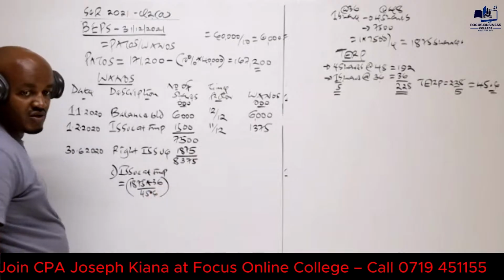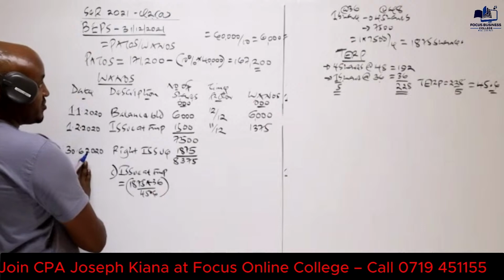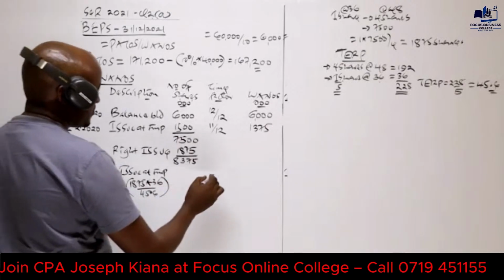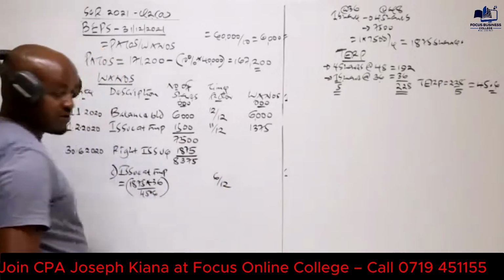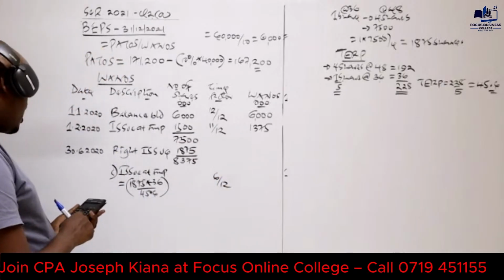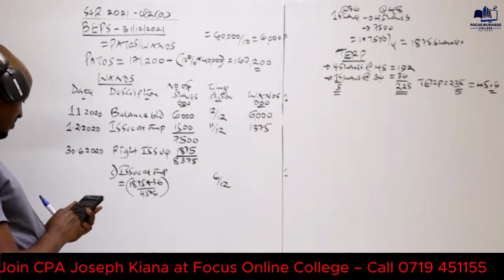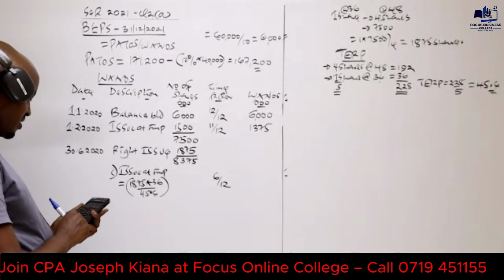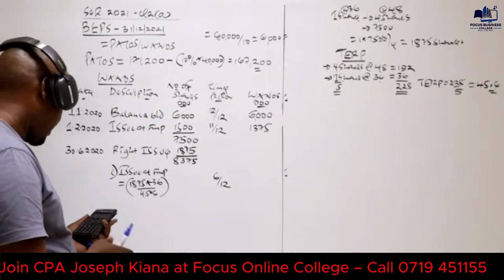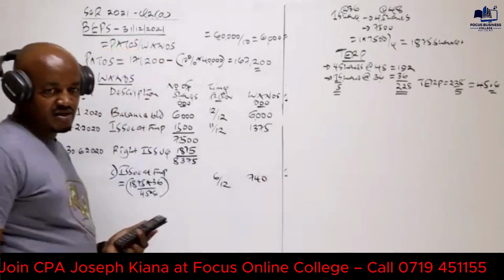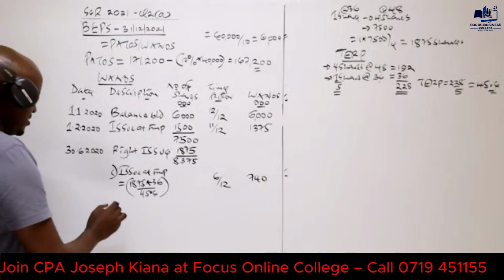And then we have to weight these shares on a time basis. These shares were issued on 1st of July, so they were held for 6 months out of 12. So we have 18.75 times 36 divided by 45.6 times 6 divided by 12. I'm getting a figure of 7.40. You confirm whether you're getting that value.